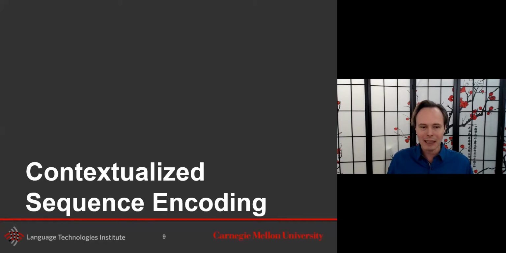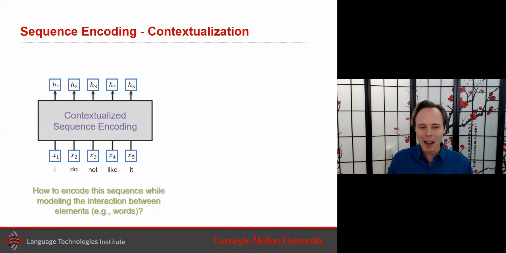So, contextualized sequence encoding. We talked in lecture 3.2 about sequence encoding. How can we encode a whole sentence? And here I'm showing a sentence, and how can I encode this sentence?